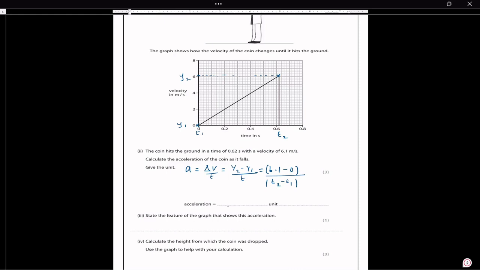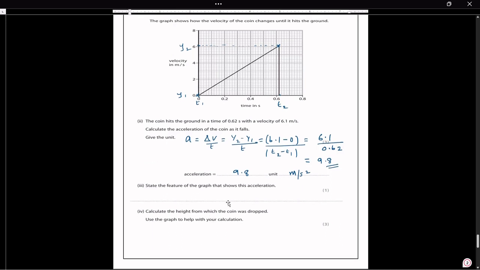So these numbers will give me the answer as 6.1 over the time, which is till 0.62, 0 to 0.62. On calculation, this is giving an answer of 9.8. Since it is an acceleration, we can give the unit meter per second square. So 9.8 meter per second square.